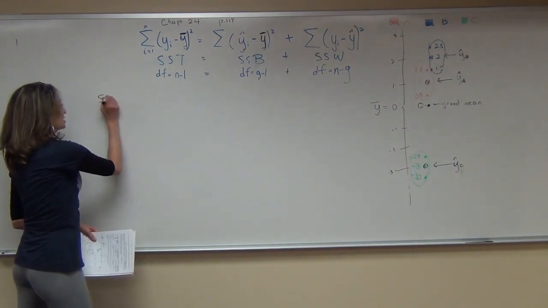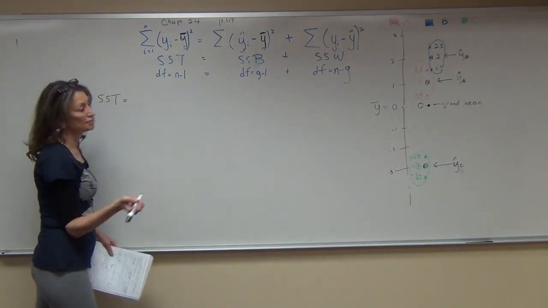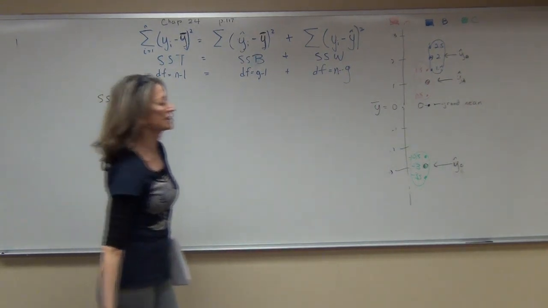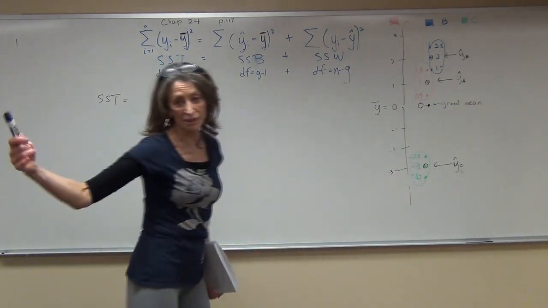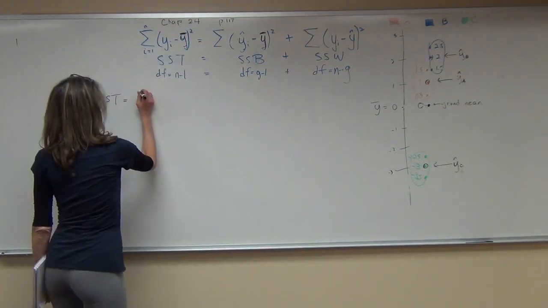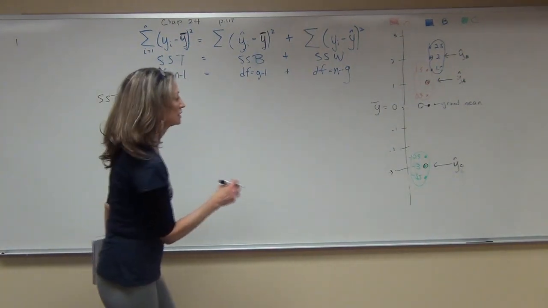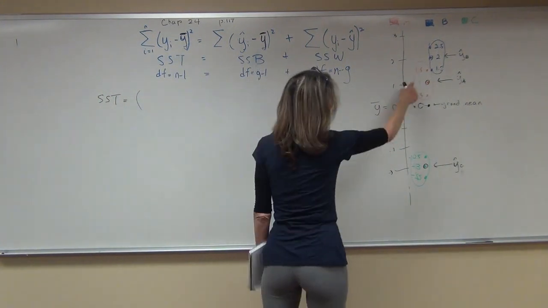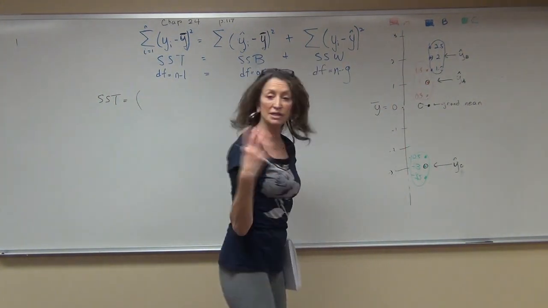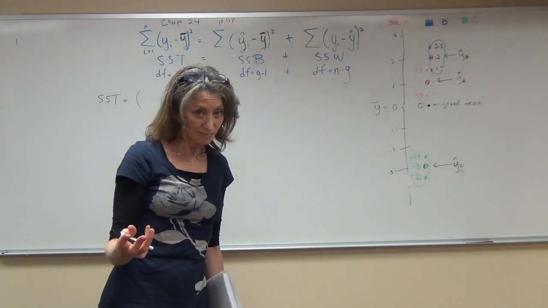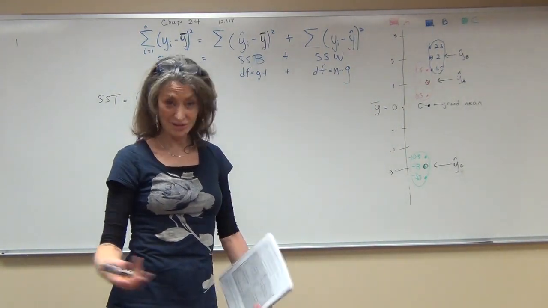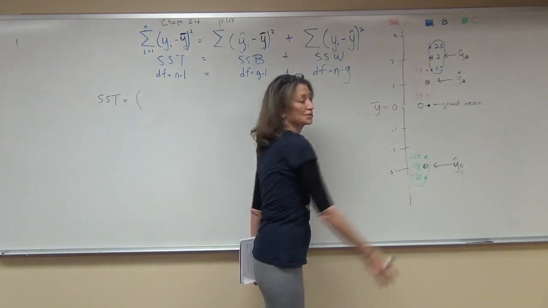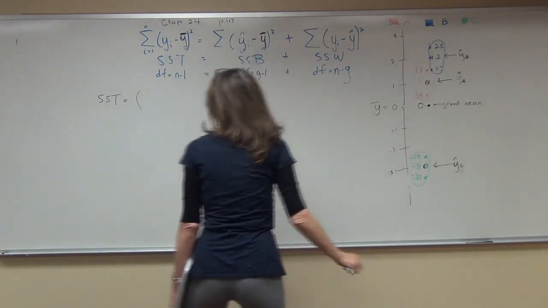So what's SST? I'm going to take all 9 points and subtract off 0 from each one of them. So you'd say 1.5 minus 0, 1 minus 0, 0.5 minus 0, etc. If we didn't square them, they'd sum to 0, because that's the average right here. So we're squaring them.